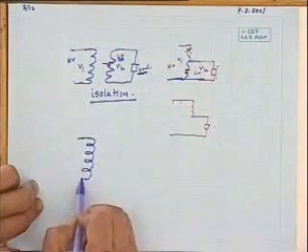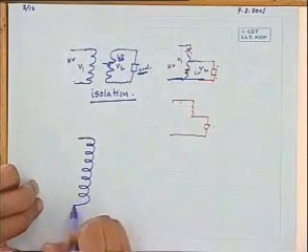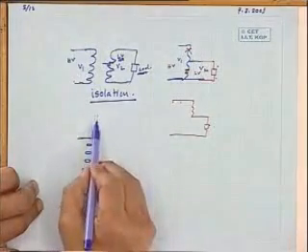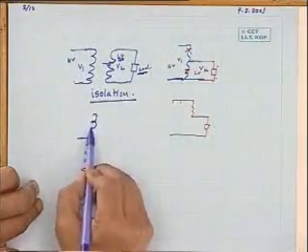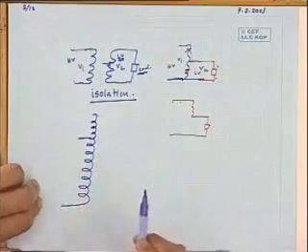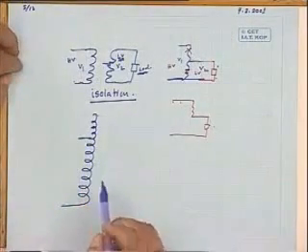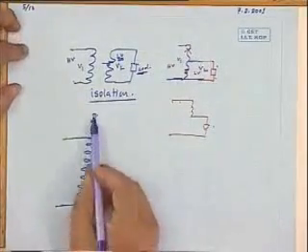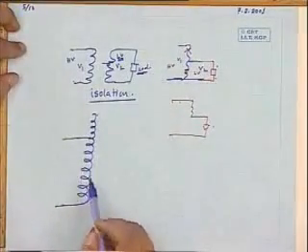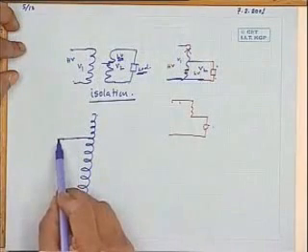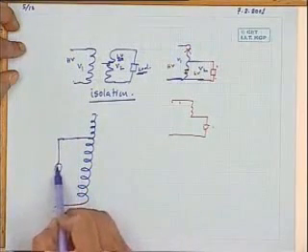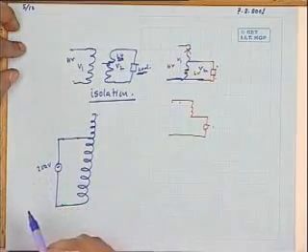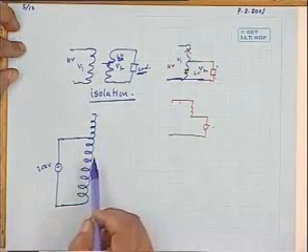Suppose I have an auto transformer here. Here also turns are there. This auto transformer, a single winding transformer we call it, and here you suppose apply 200 volt.